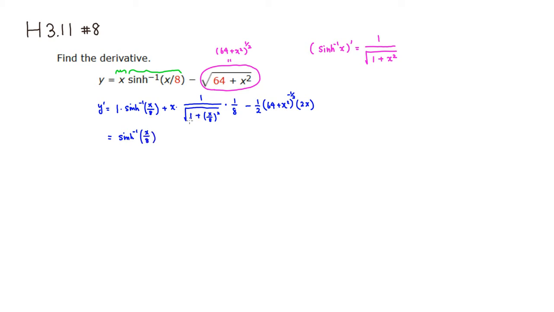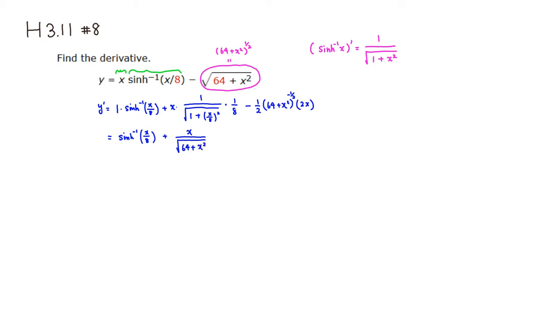And here we have x on top, and then we have a square root. 8 is the square root of 64, so if you put 8 inside the square root, it's going to be 64. So you have 64 plus, then you have 8 squared, 64 cancels out, so you're just going to get x squared.